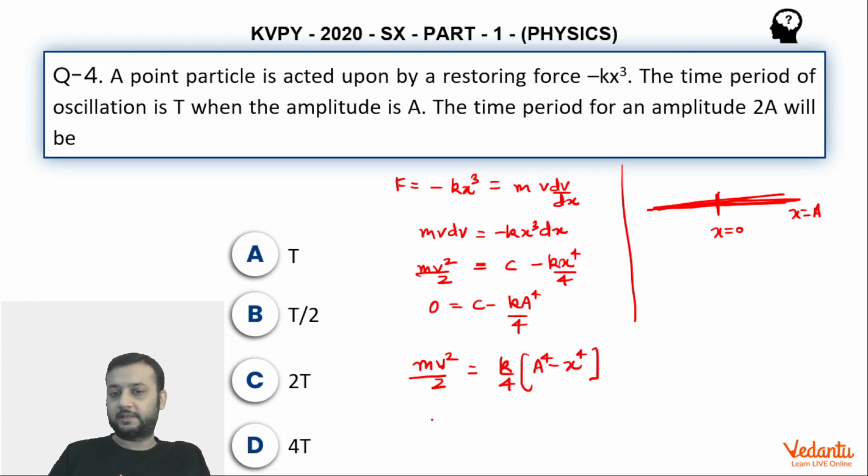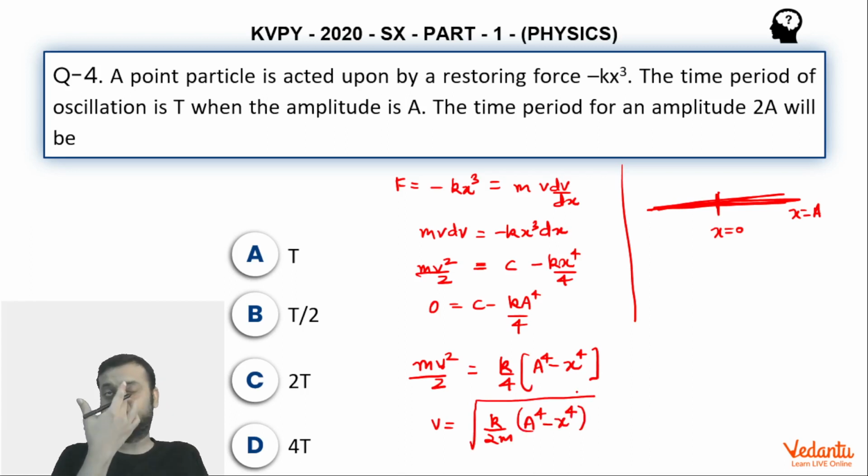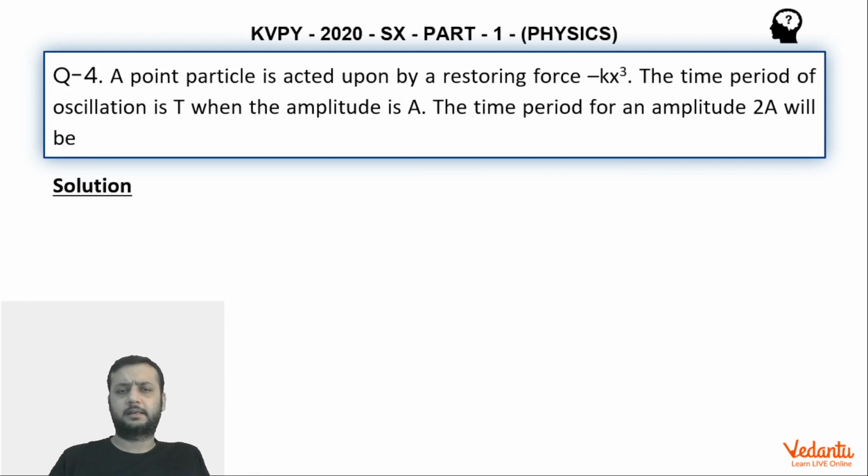Now this will give us v equals, taking 2 by m to the right side, the square root of k upon 2m into A to the power 4 minus x to the power 4. This is the value of the speed. Now let us write the speed as dx by dt.